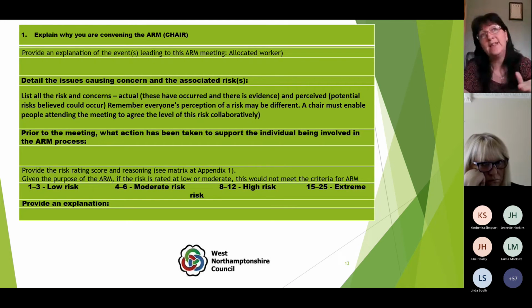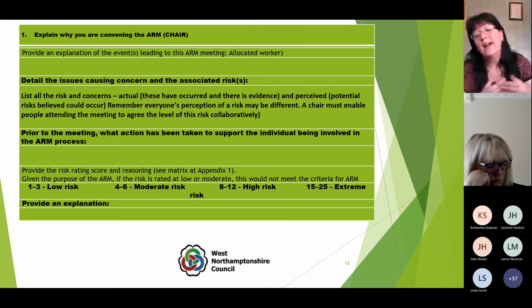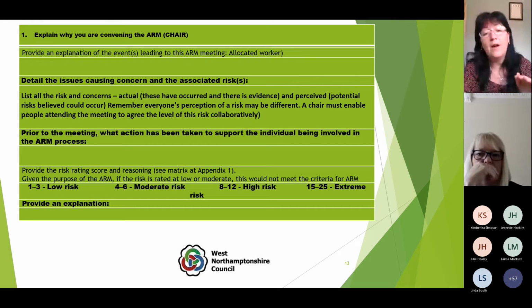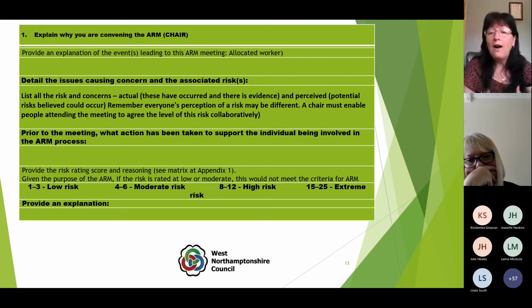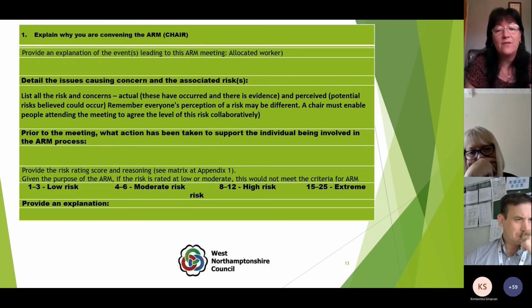They have had incidents before where it's fallen on them, and if that were to happen again, that could cause death or serious injury. Or it could be a lower risk than that because their hoarding level is slightly less. So again, as a chair, you are encouraging that conversation, but you are making sure that the risk is clearly identified.